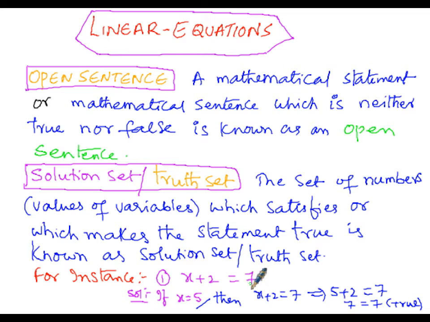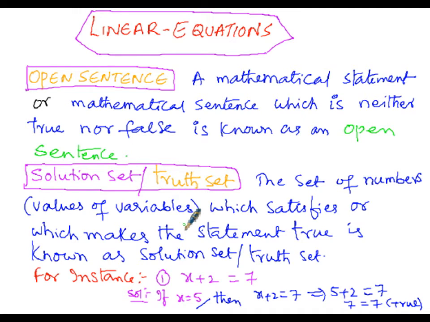This condition is true for only x equals 5, therefore x equals 5 is the solution set, or in other words it will be called a truth set. So the set of numbers here is only 5, which can satisfy this variable, therefore it is called the solution set.